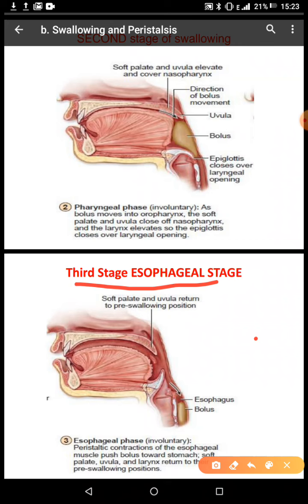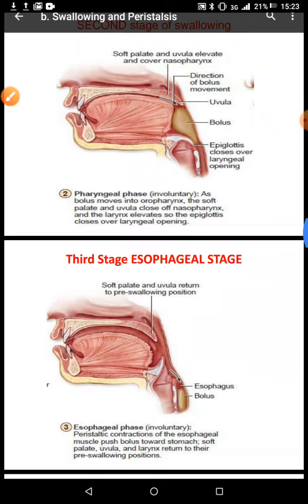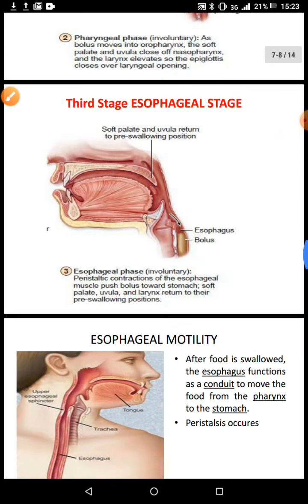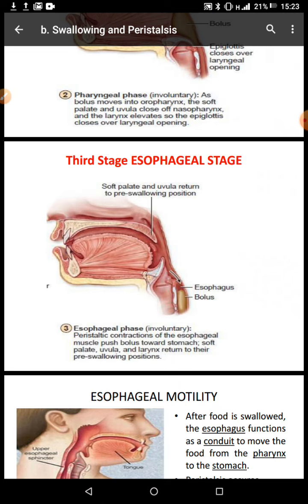They inhibit the dorsal respiratory group of neurons so that respiration cannot take place. So there is stoppage of respiration during swallowing. Okay, so these are the three stages of swallowing: the oral phase, the pharyngeal phase, and the esophageal phase.